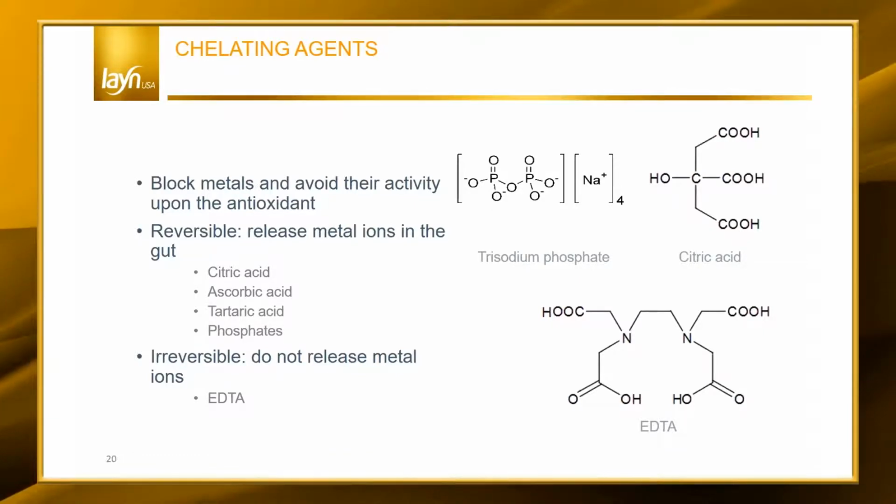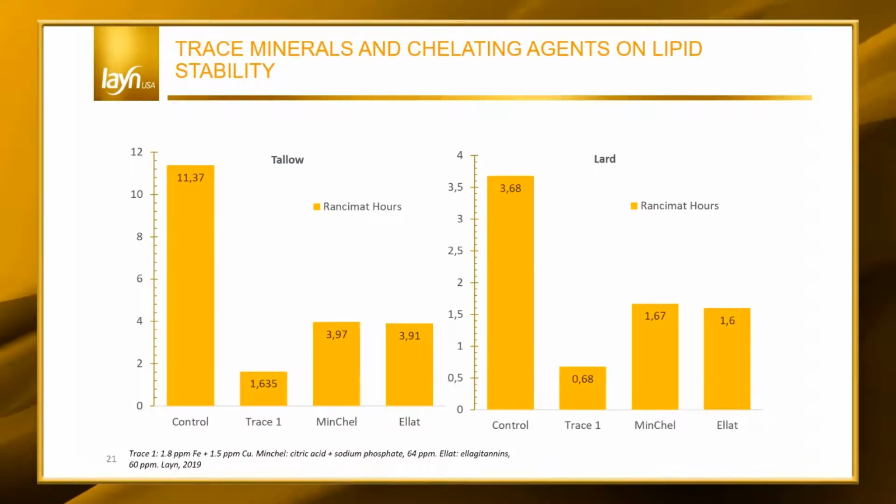The main role of these chelators is to avoid the impact of metals on fat stability, as has been demonstrated here, in which two different lipids, tallow and lard, were submitted to Rancimat analysis with trace minerals without any chelating agent, or trace minerals plus a mineral chelator or an organic chelator. We can see that just the chelating complexes are able to increase fat stability by a factor of 2. Therefore, we demonstrate here also that when metals are suspected in the oxidation process, the use of chelates is a good idea.